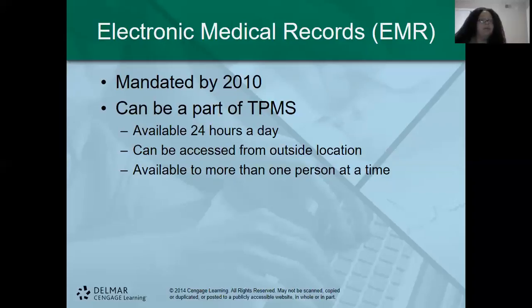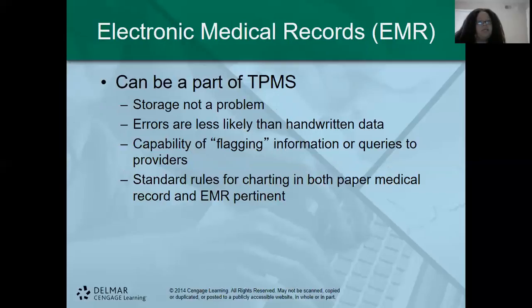It can be a part of the TPMS, and it's also available 24 hours, and it can be available to more than one person at a time. Also know that storage is not a problem. Errors are less likely, like I said.